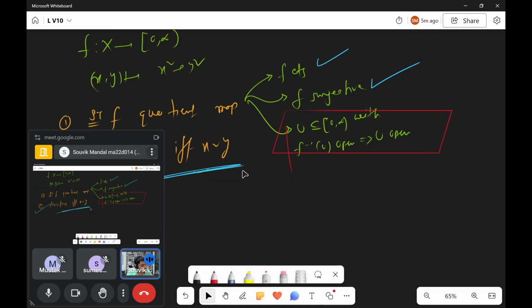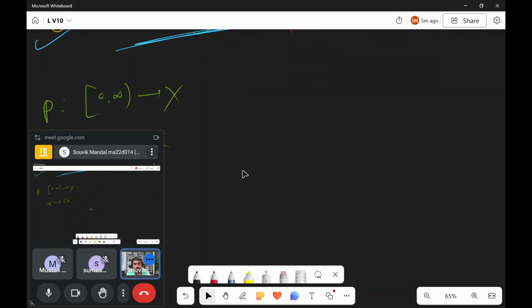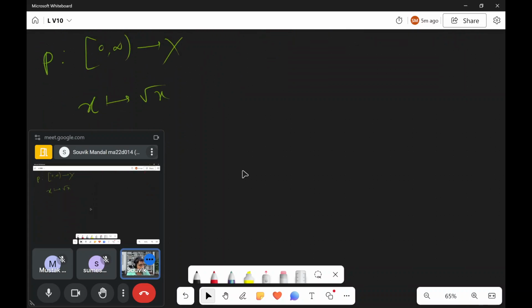So how to do it? The trick will be as follows. We need to construct a function. Okay, so the function is p from where to where? From [0, infinity) to R^2, the function with x goes to (root x, 0), which quite makes sense.